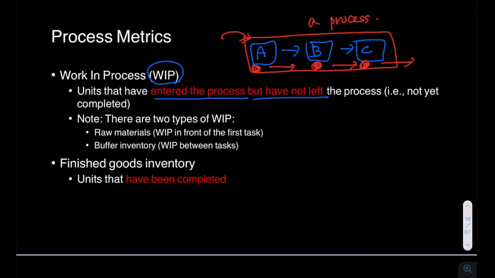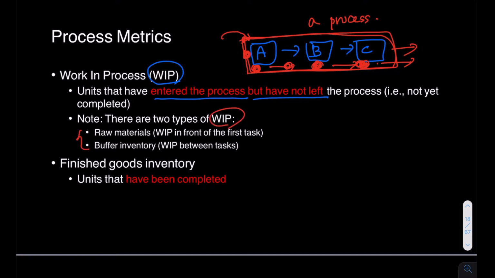Work in process means when those units or materials come into this process, so now they are inside this process boundary, but still do not leave this process, then all those materials in the middle of the process are called working process. There are two different types of working process.